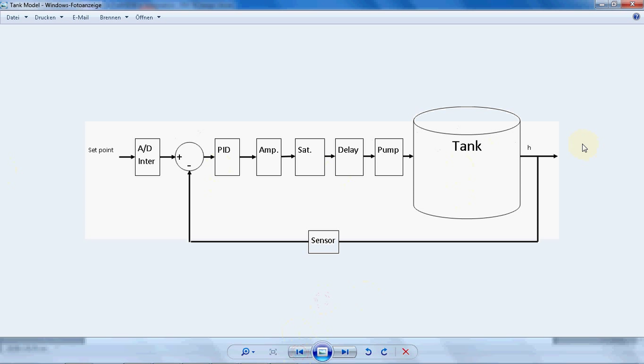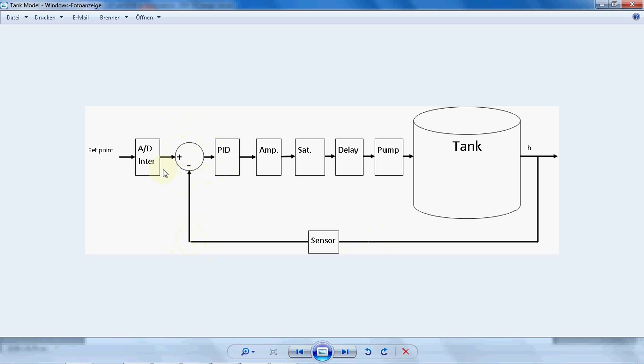This picture is better. As I said, we have an analog digital interface at the beginning. We enter a set point. This interface converts the given set point into a certain voltage. On the other hand, the level of tank is measured by sensor, and it's transferred here to the summation point in sort of a voltage.